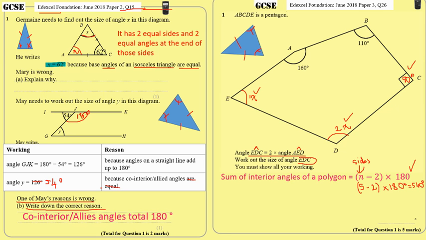So now we have to work out this angle. Put a question mark to yourself. This is what you need to work out. So let's say 540, take away all those numbers, which I actually did for you already. You take away all of them, and this gives you 180 degrees.